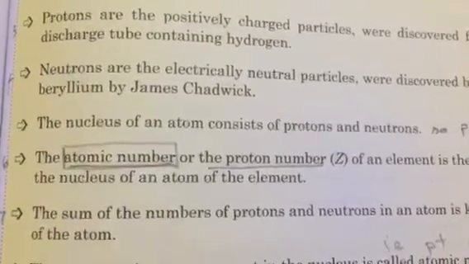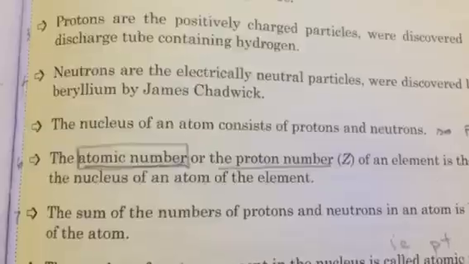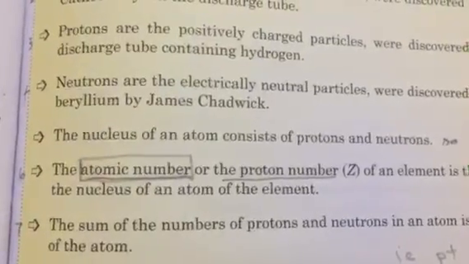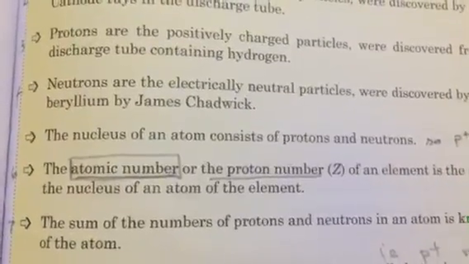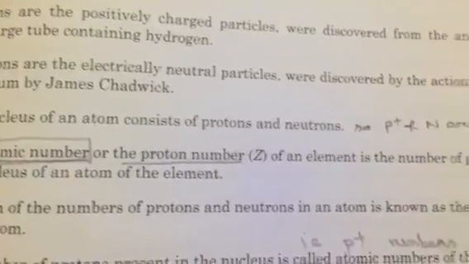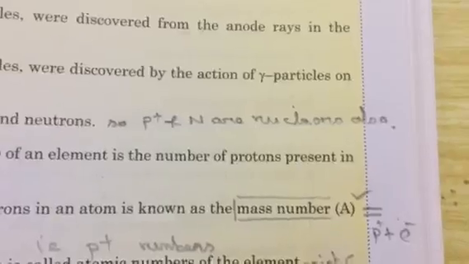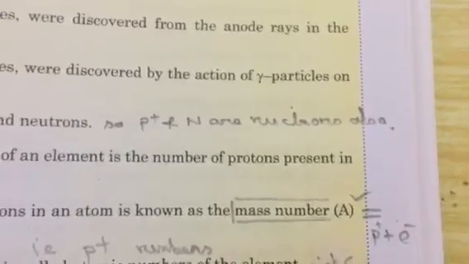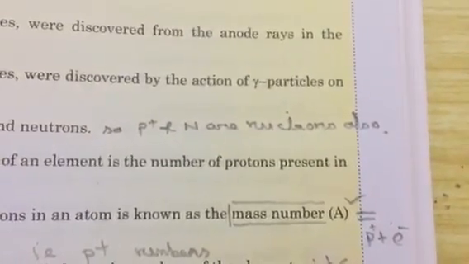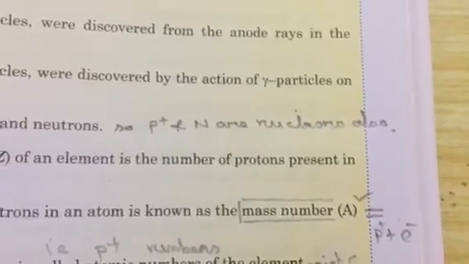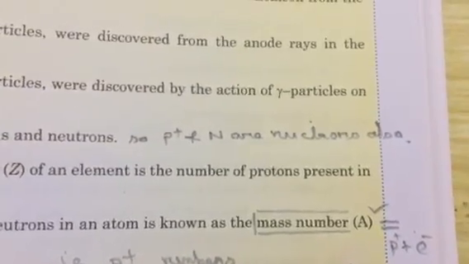Mass number means the sum of proton and neutron. Definitely A is equal to P plus N, where P means proton and N neutron. So mass number is indicated.